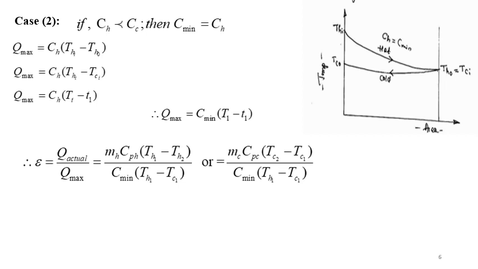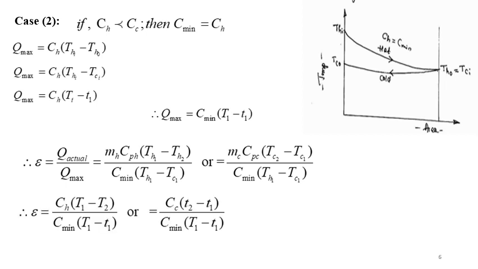So effectiveness is Q actual by Qmax, which is equal to mH Cph into Th1 minus Th2 divided by Cmin into Th1 minus Tc1, or mC Cpc into Tc2 minus Tc1 divided by Cmin into Th1 minus Tc1. Therefore, effectiveness is equal to Ch into capital T1 minus capital T2 divided by Cmin into capital T1 minus small letter t1, or in terms of the cold fluid, Cc into t2 minus t1, and the denominator is the same.